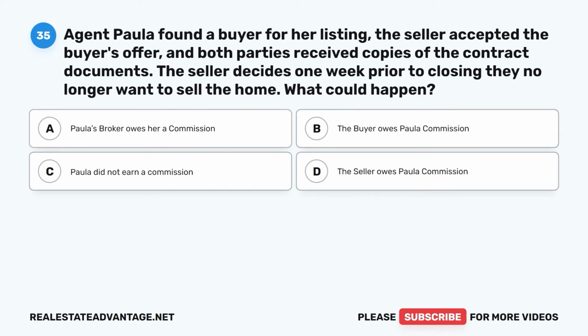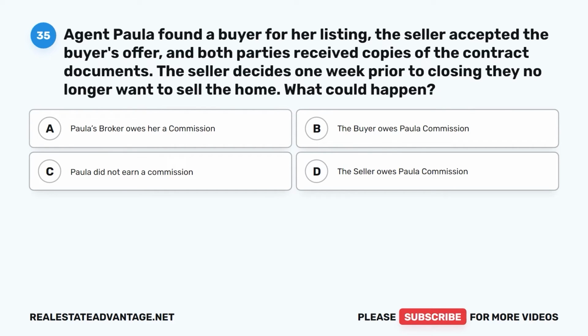Question 35. Agent Paula found a buyer for her listing. The seller accepted the buyer's offer, and both parties received copies of the contract documents. The seller decides 1 week prior to closing they no longer want to sell the home. What could happen? A. Paula's broker owes her a commission. B. The buyer owes Paula commission.